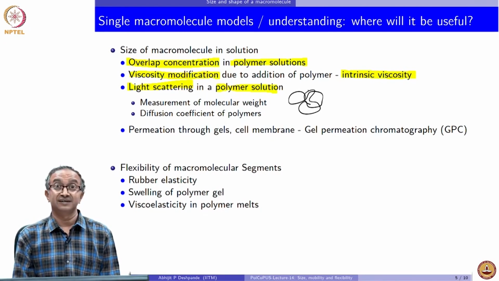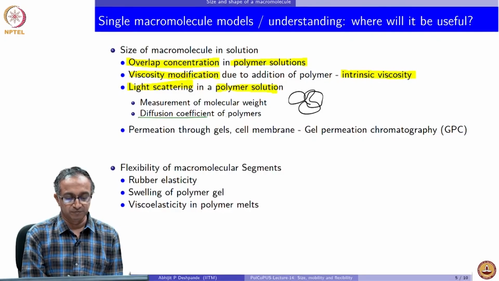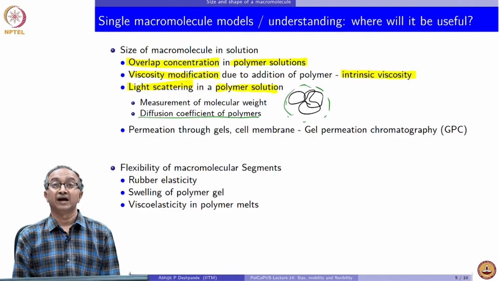And so light scattering is in fact used to determine the size and molar mass of macromolecules. Similarly, the diffusion coefficient of a polymer will also depend on how big or small and what shape this macromolecule takes.